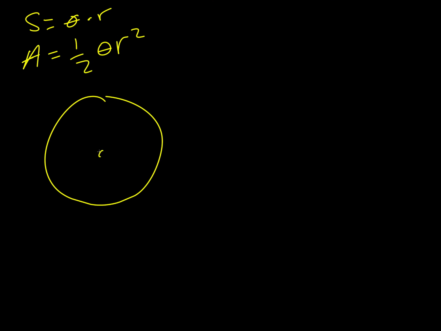We have a pizza. While we're eating the pizza, we're like, I wonder what this angle is. We pull out our protractor, and we find out that it's pi thirds, because it's measuring in radians. Once we do that, we also measure the radius, and we find out that the radius is 10 inches.